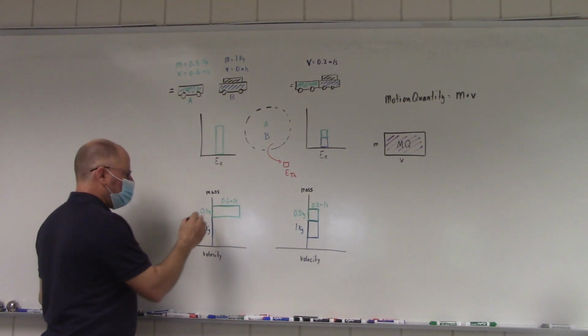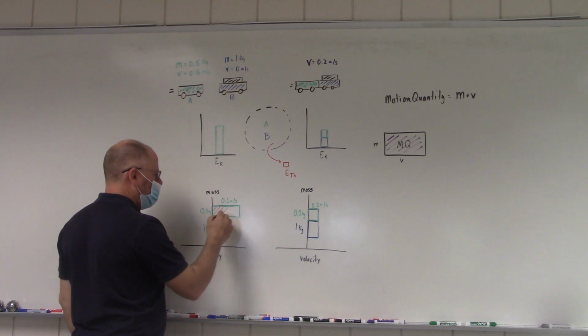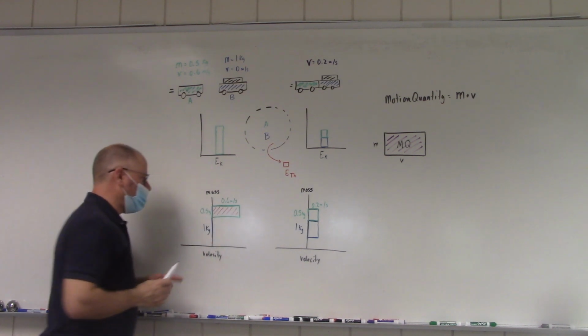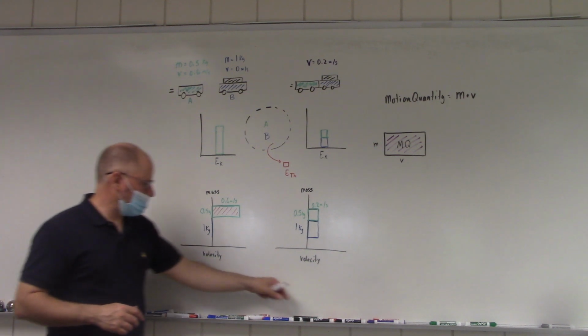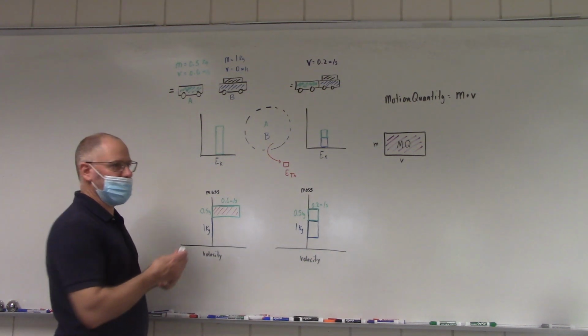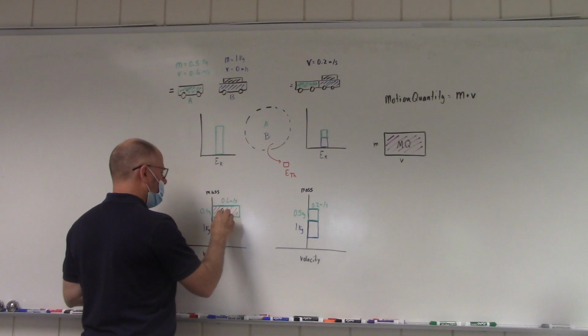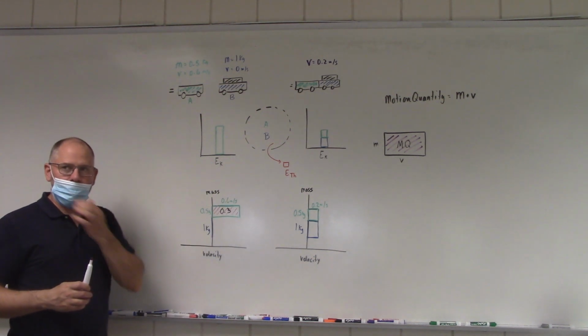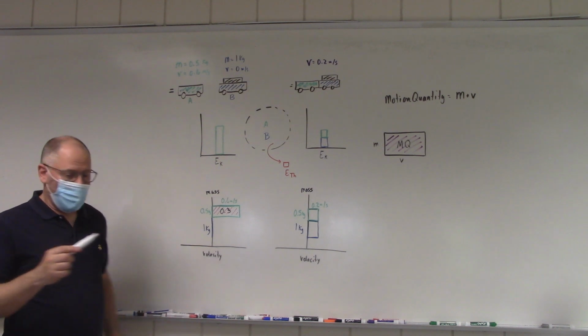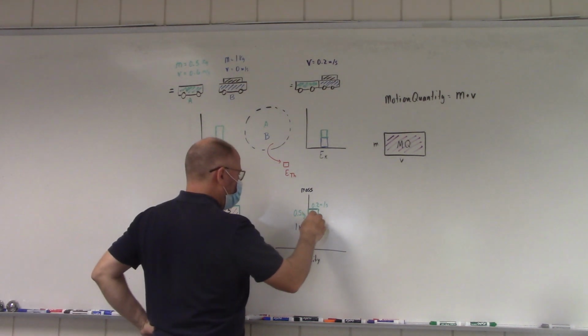So let's look at this. What is the area of this right here? Well, it's 0.5 times 0.6. What's 0.5 times 0.6? Half of 0.6 is? 0.3. So the motion quantity before the collision is 0.3. Is that cool? What's the total area afterward?